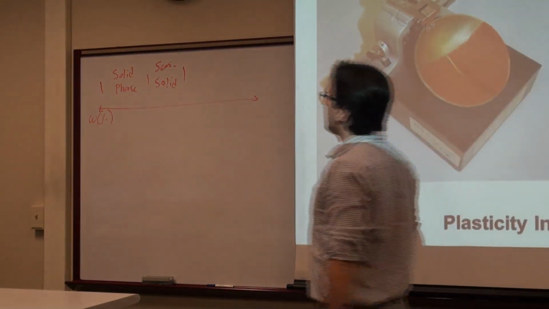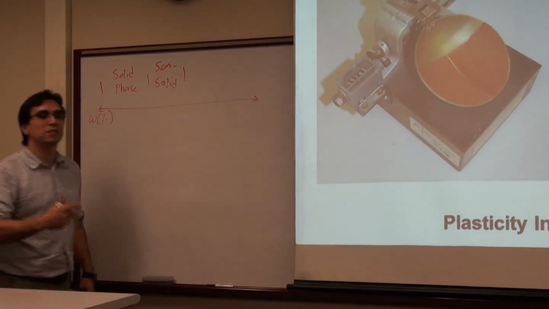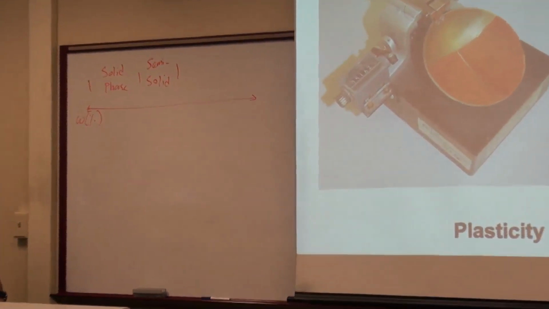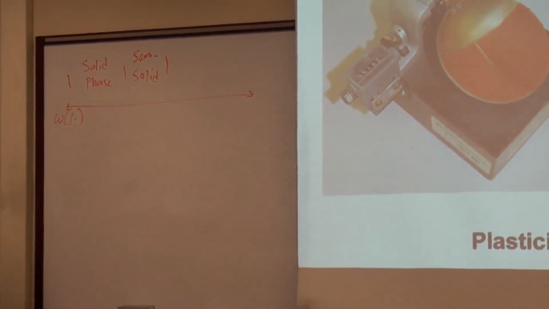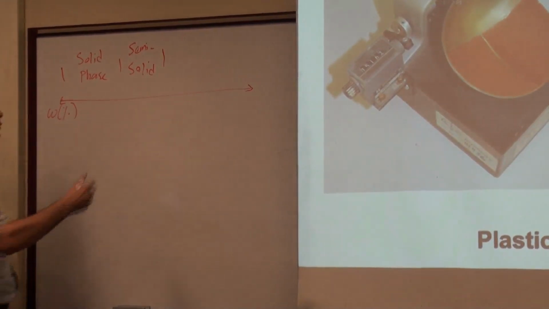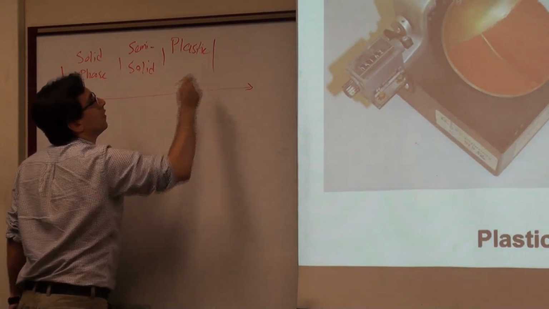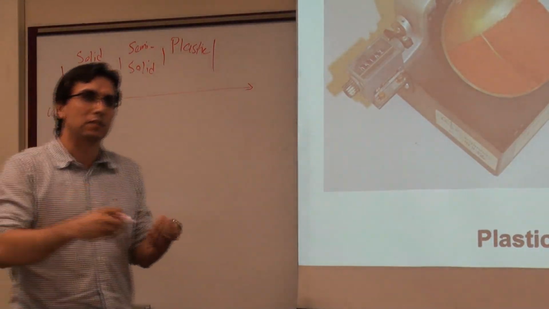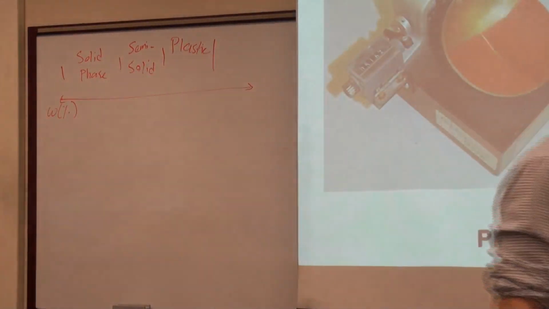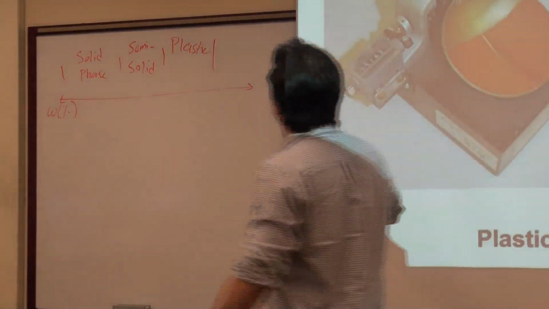If you keep adding more water, it will transfer the soil mass from semi-solid to some sort of plastic material. Now you see more plasticity. But if you keep adding water, it will become like a liquid.